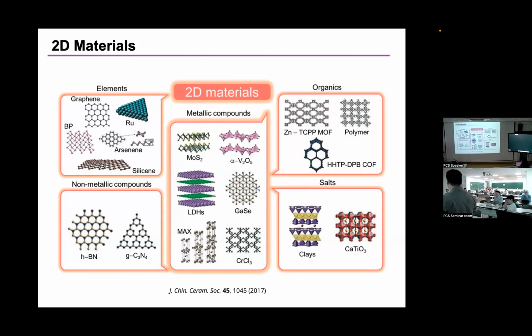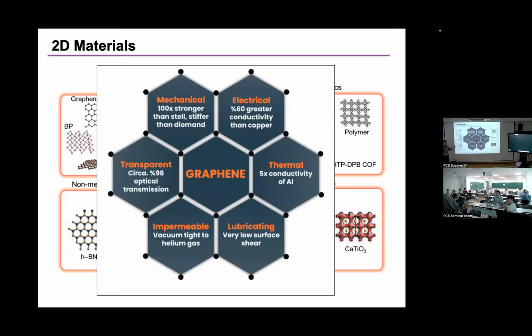Recently, people are interested in metallic-compound-based 2D materials, such as the TMDC materials. Sometimes organic materials can generate 2D material structures, and sometimes salt can also generate 2D materials. Due to this exceptional structural property, these 2D materials show very exceptional properties.